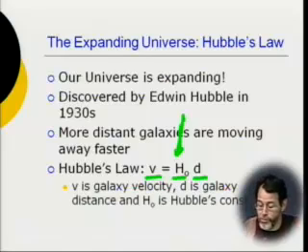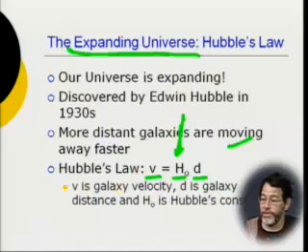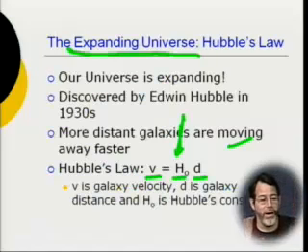More distant galaxies are moving away faster, Hubble found, and that is why we say our universe is expanding. Now, it's not that all the galaxies are moving away from us. After you get past a certain distance, then yeah, all of them are moving away from us. But the Andromeda galaxy is slightly moving toward us. So doesn't it know?